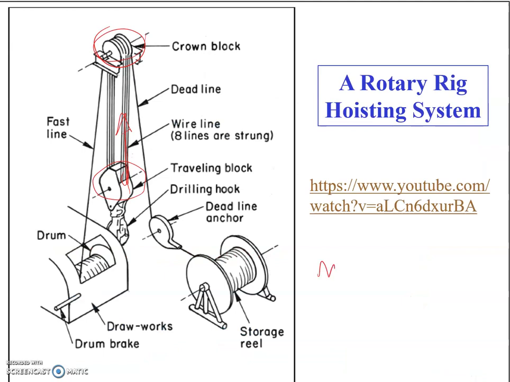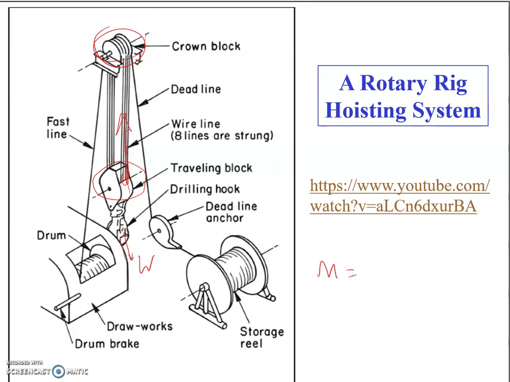Mechanical advantage again is the weight that is being handled by these lines. Everything is attached to this drilling hook: your drilling stand, drill pipe system, the drill bit system. So the weight is supported by this traveling block here, and that's the weight that we are talking about.